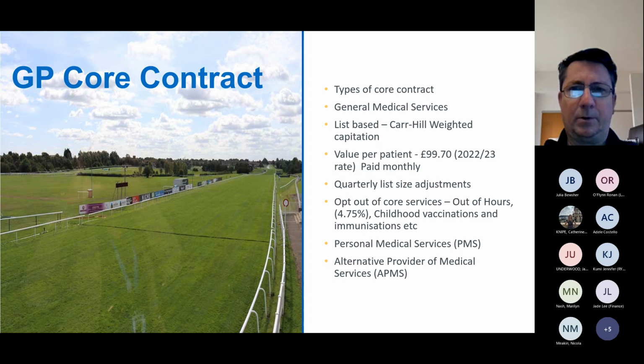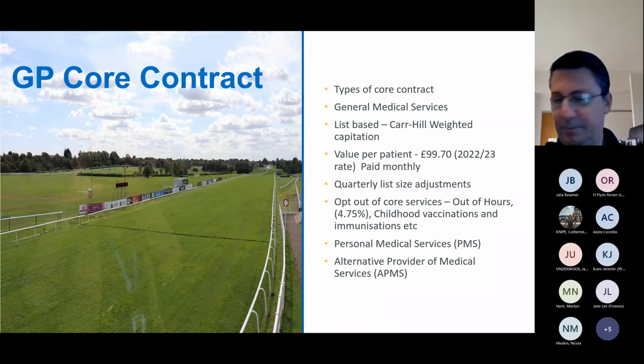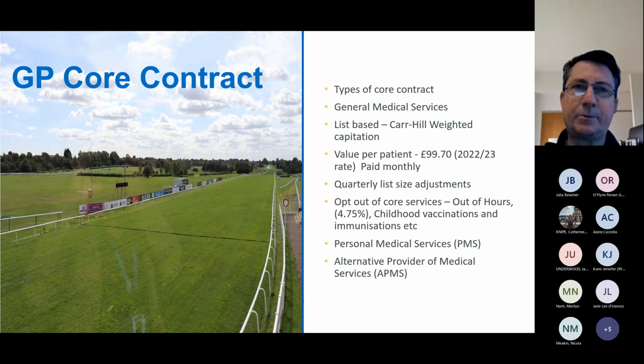So if we go through the basic funding of the GP core contract, it's list-based, and it's based on the Carr-Hill weighted capitation, and that's based on a number of different areas. It can be age, it can be the market you're in terms of staffing, so things like London might be a bit more, etc. The morbidity and what your mortality is in your area, and it can be how many residential patients you might have as well.